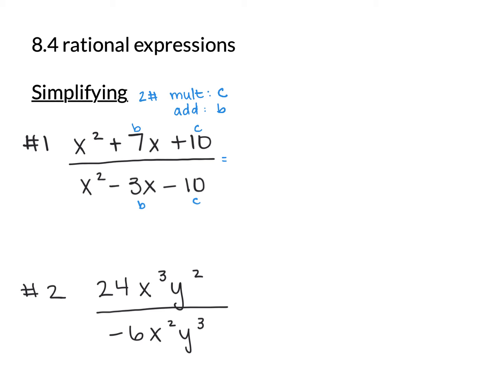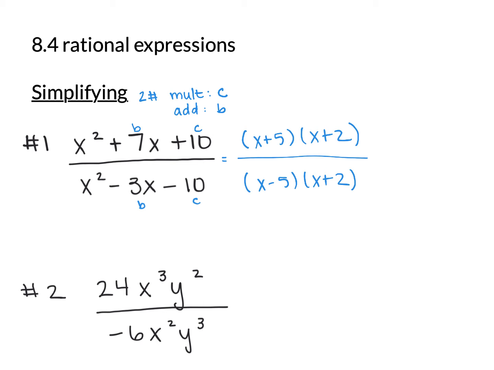So that's actually going to be x plus 5, x plus 2, because 5 times 2 is 10, 5 plus 2 is 7. For the denominator, we want to multiply to be negative 10, add to be negative 3. So that's actually going to be here x minus 5, x plus 2.